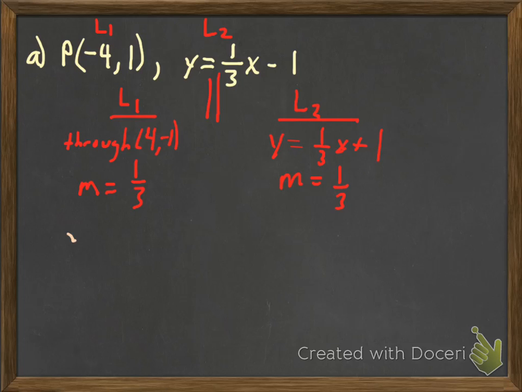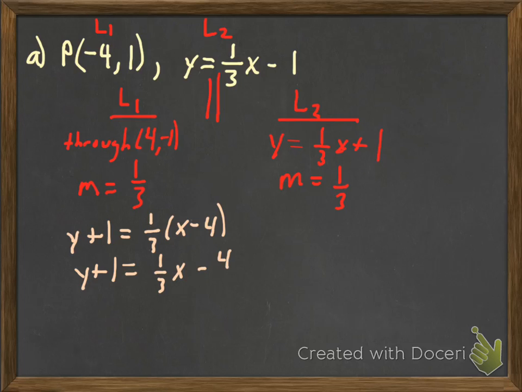We know that our line is going to have the equation y plus 1 equals 1/3 times x minus 4. That's using our point slope form. And then really quickly I'll change that over to slope-intercept form. Let's distribute the slope. And then let's go ahead and subtract 1 from both sides.